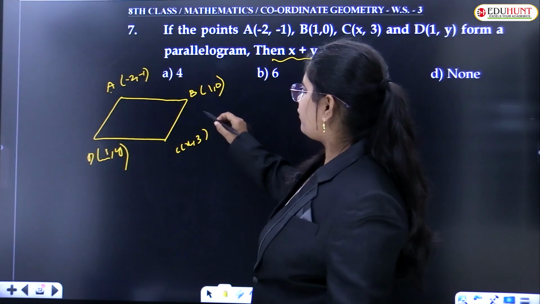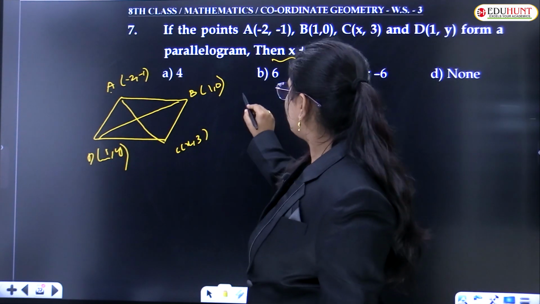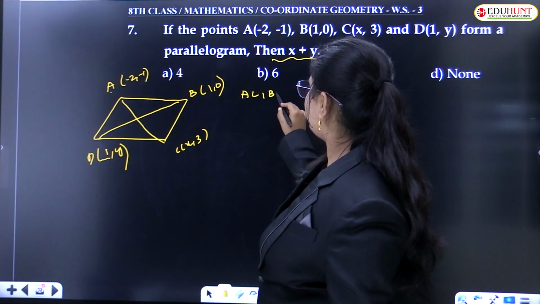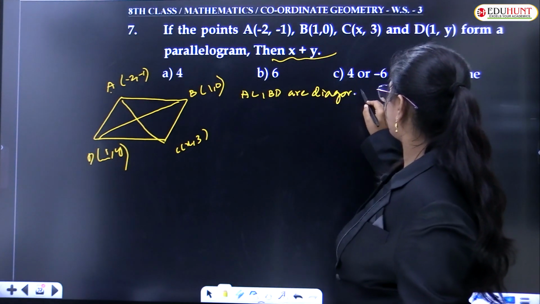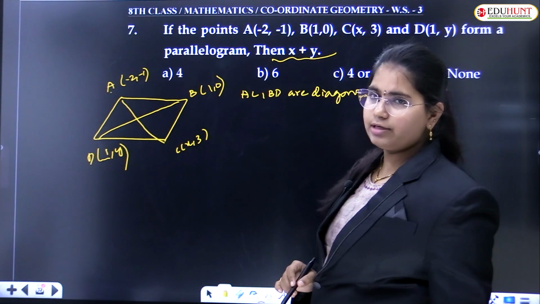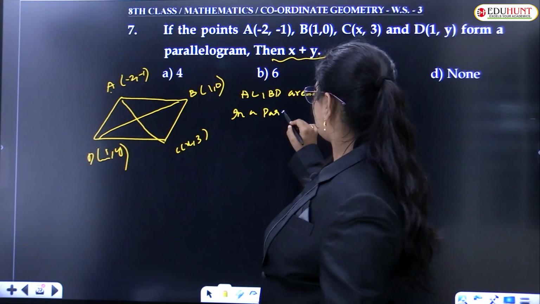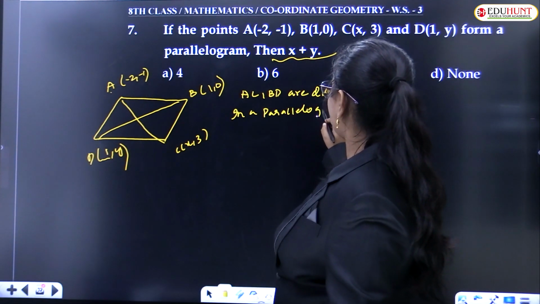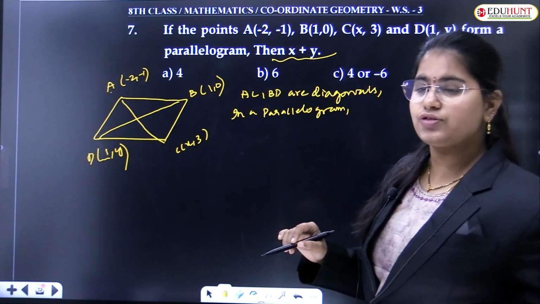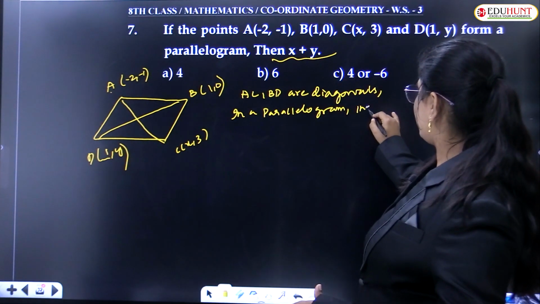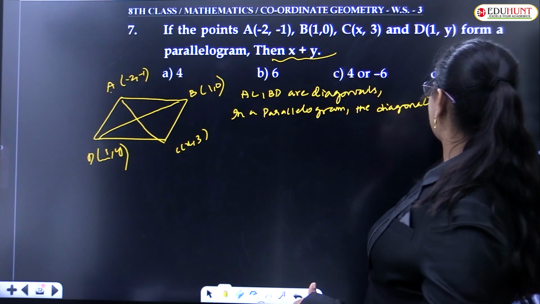So if I just draw AC and BD, here AC and BD are diagonals, correct? In a parallelogram, what do you know about the property of diagonals? The diagonals bisect each other, right?